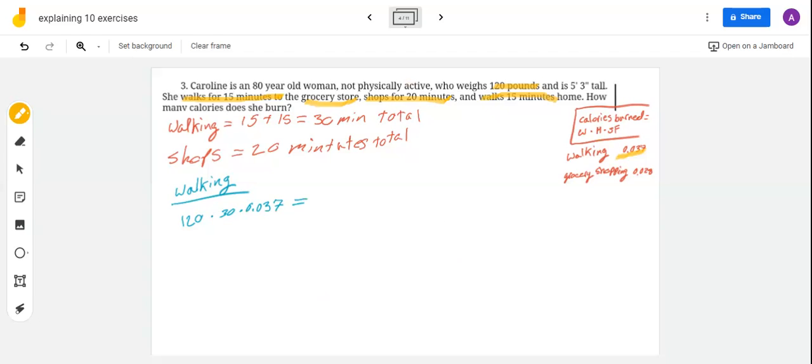So if you multiply all of those together, you should come up with about 133, but let's try to be specific here. So 120 times 30 times 0.037. That would give you 133.2. And if you round it, which, double checking the answer sheet here, you would want to do, yes, you definitely want to add up that one.